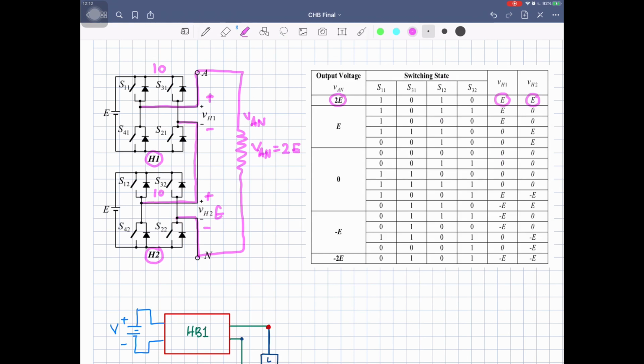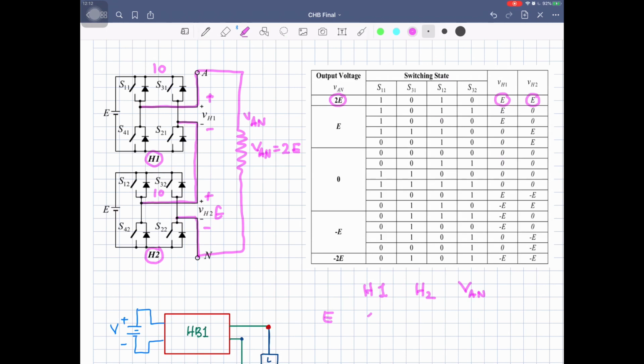Now if I want to get E volt at the output, you can get it in a number of ways. Let's suppose your first inverter is H1, the second is H2, and the output is VAN.